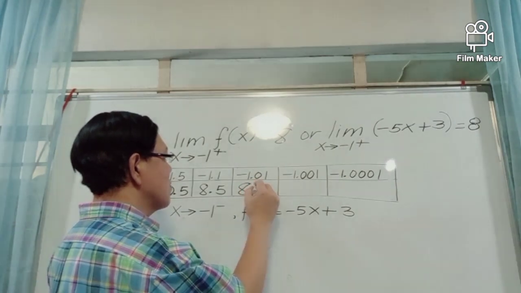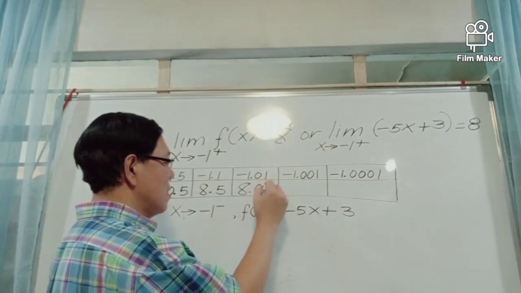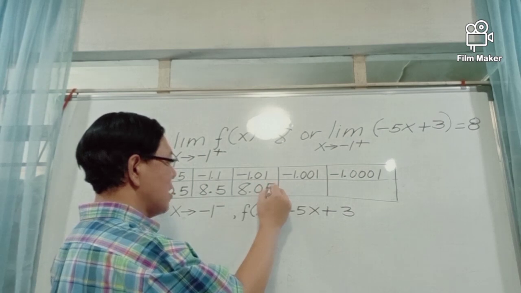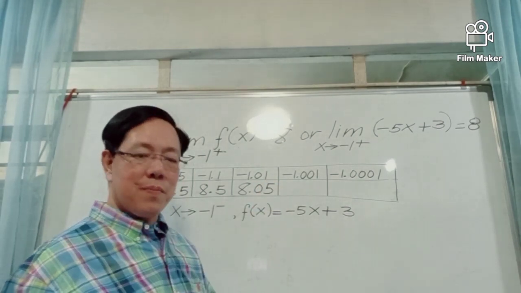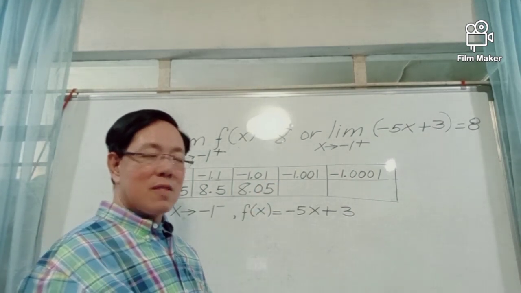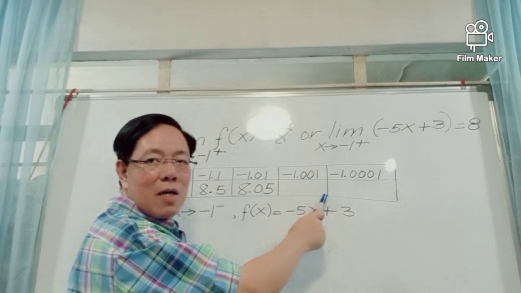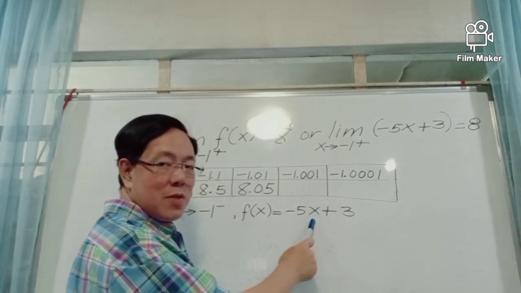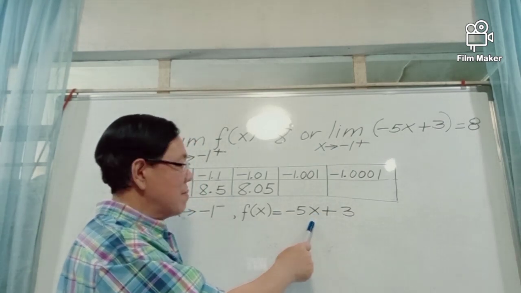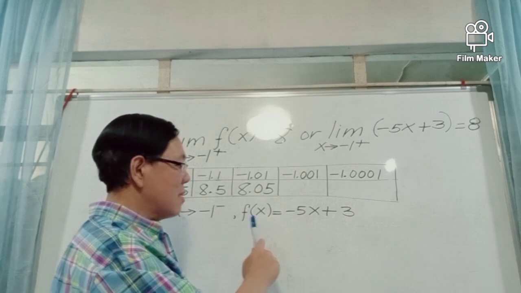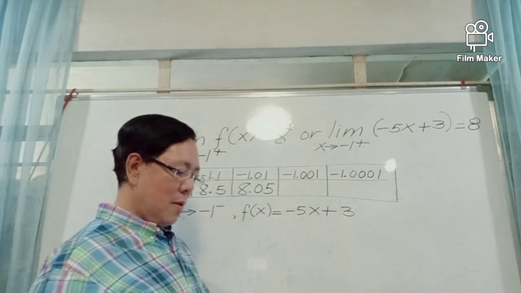When x is negative 1.01, the value of the function is 8.05. Next, we assign negative 1.001 to x, and we substitute that value of x for x in this function.